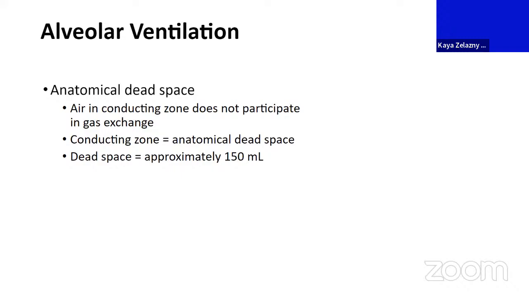We don't have actual gas exchange happening in those spaces. So we think about them as kind of anatomical dead space, right? They're there anatomically, they're part of our respiratory system anatomically. We need them to get air down into the lungs, but they're not participating in gas exchange. So if we're thinking about how much oxygen is your body getting, we wouldn't really want to count that air because that air is not going to get into your blood. So we think about them as dead space. We've got approximately 150 milliliters of it.